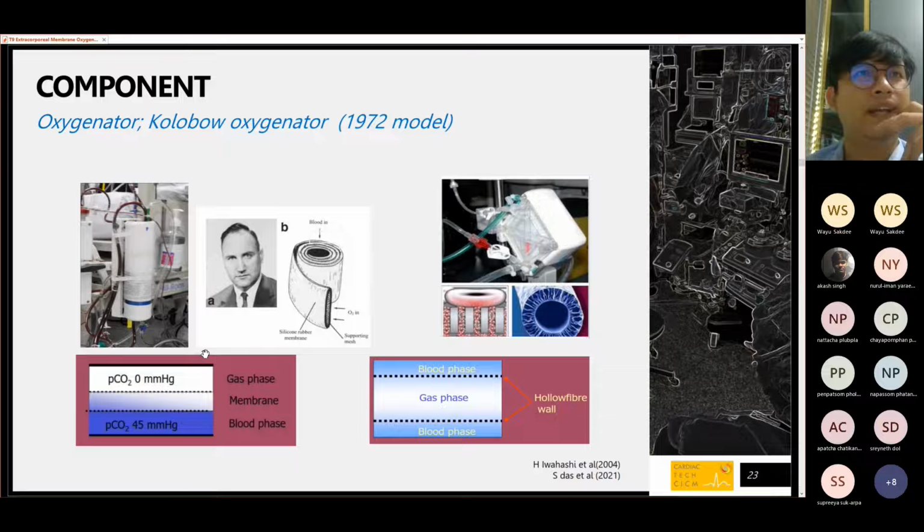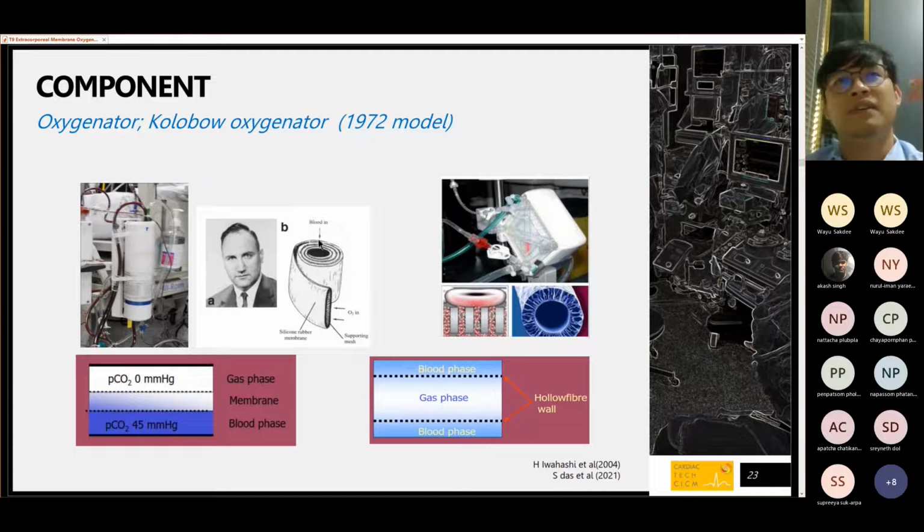Previously, if you remember, the first case came from Dr. Colombo. This one is the early design of the Colombo oxygenator, and the first successful ECMO for ARDS support came from here. Here is a silicone rubber sheet inside this container.